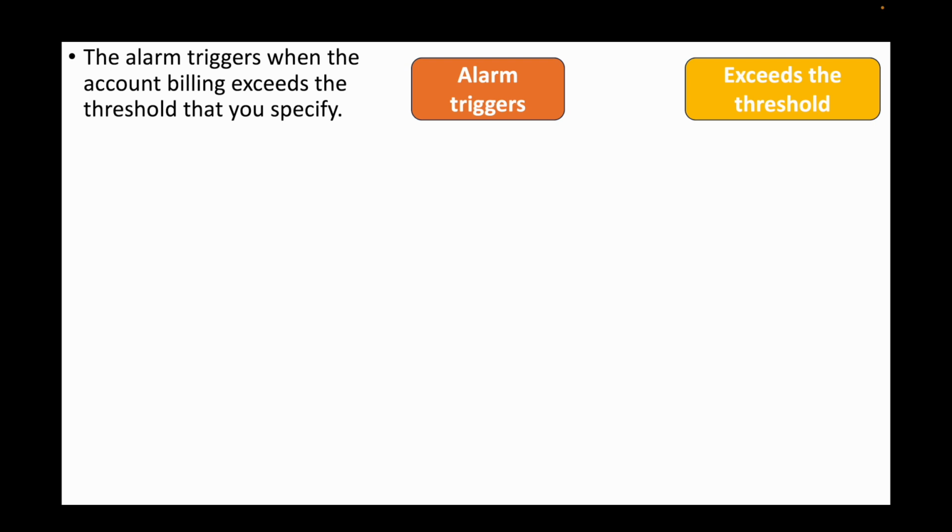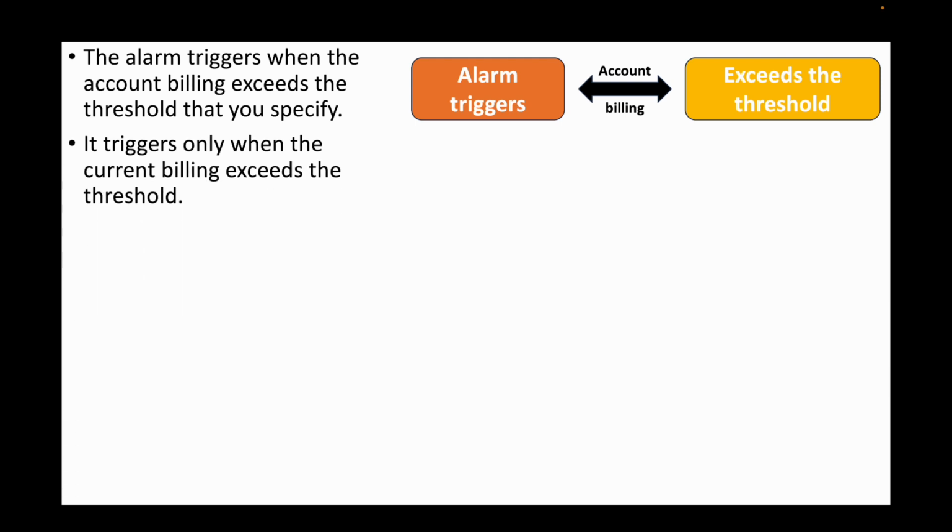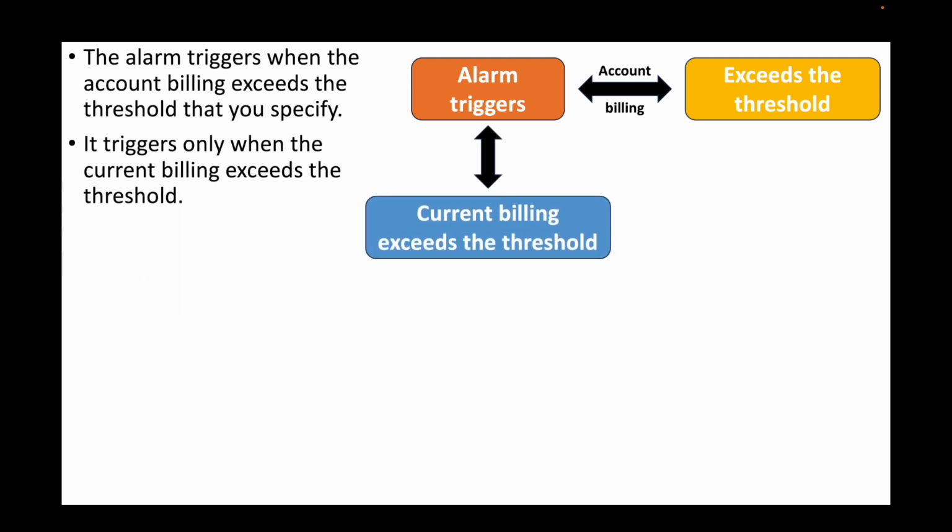For example, let's say you have set $100 as your threshold, and whenever your current cost goes above that threshold, the CloudWatch alarm will be triggered. So there's always a threshold that you will be setting, and whenever the metric data goes above that threshold, the CloudWatch alarm will be triggered. So it triggers only when your current billing exceeds the threshold.